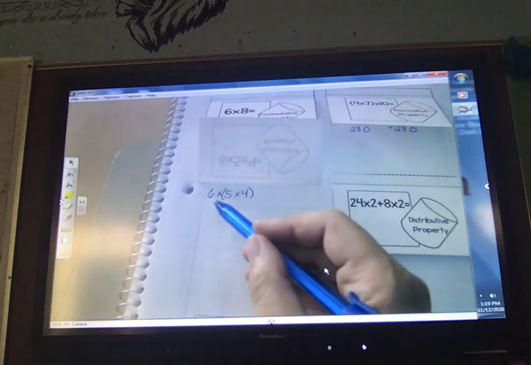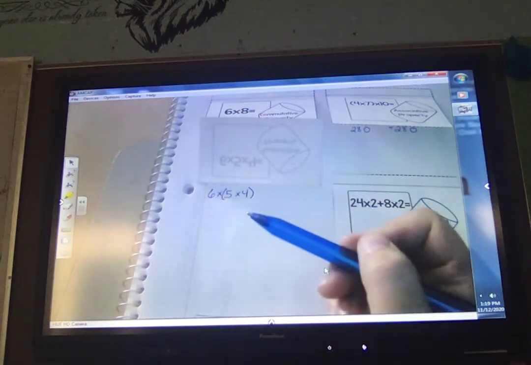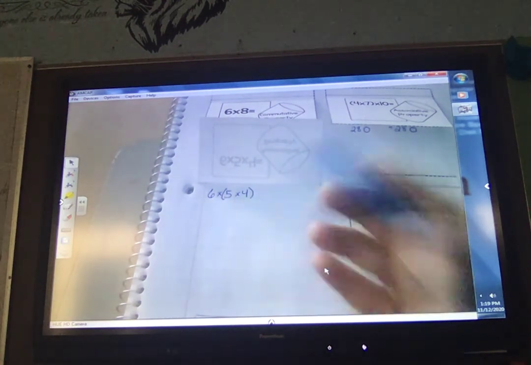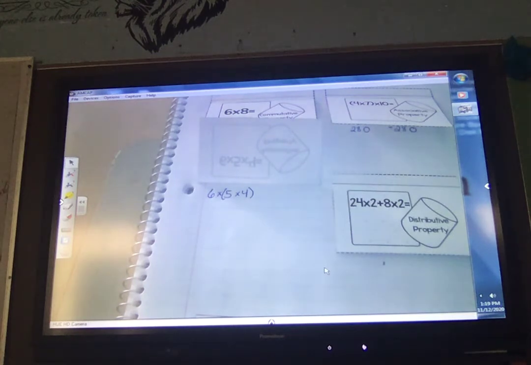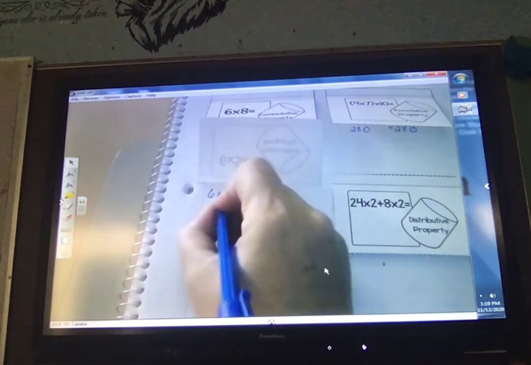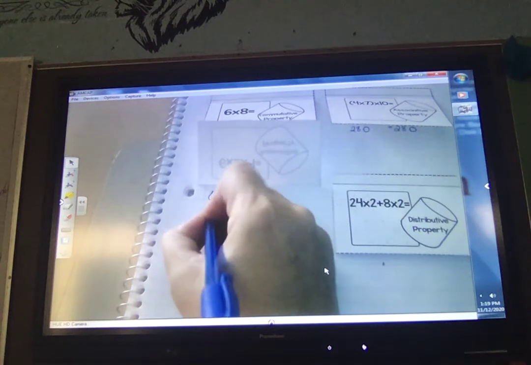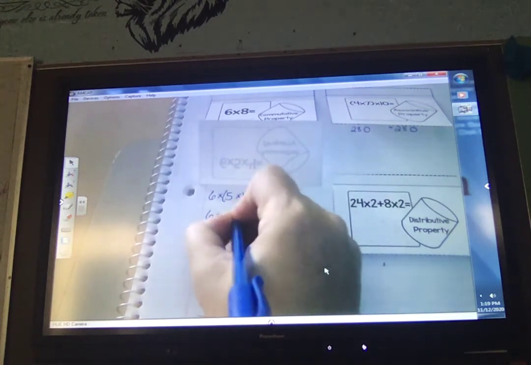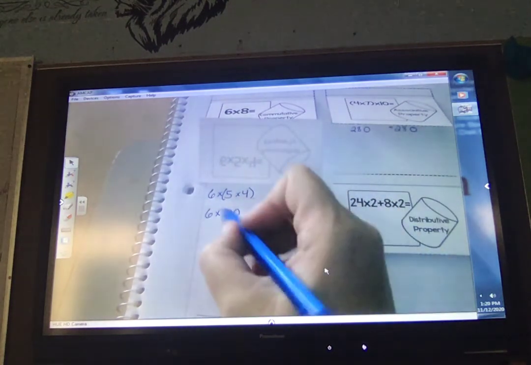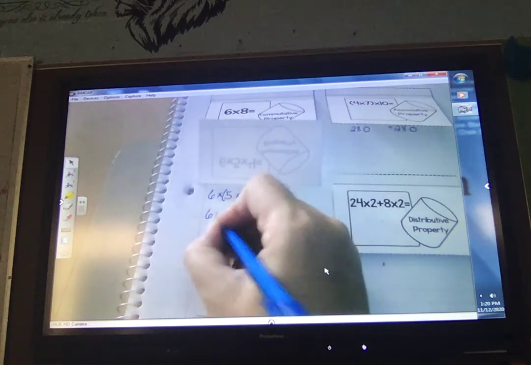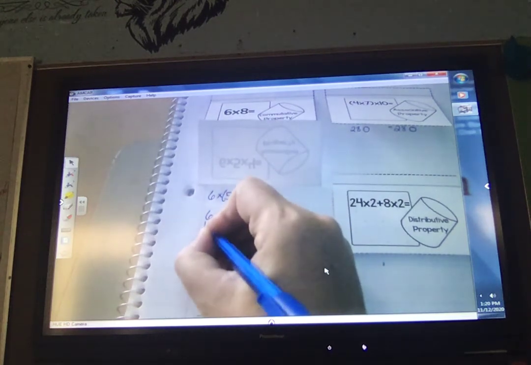Now, you group 6 and 5 together, that's fine. You can do it that way. I just like to put those smaller factors together to start with a smaller number. So if I work it this way, I'm going to get 6 times 20 because 5 times 4 is 20. Again, I have a drop down 0 rule, and 6 times 2 is 12, so 120.